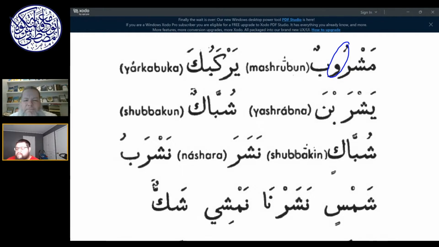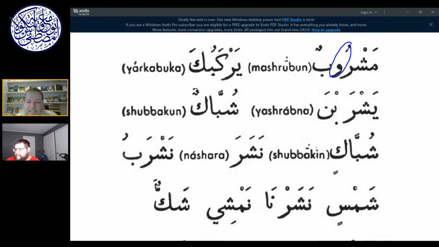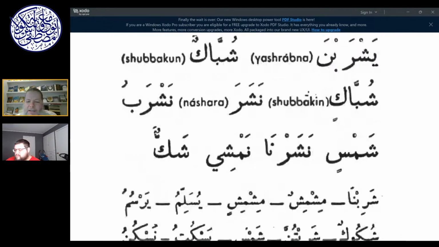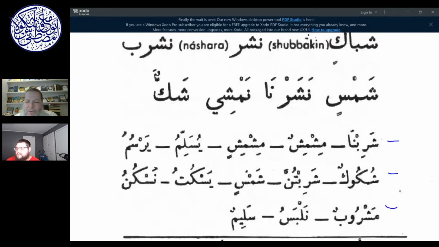Nashara. Nashar. Yep. Nashra. Nashrabu. Exactly. Let's read this next line. And then these lines can be homework.